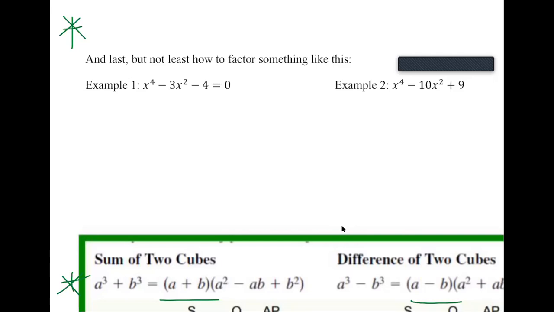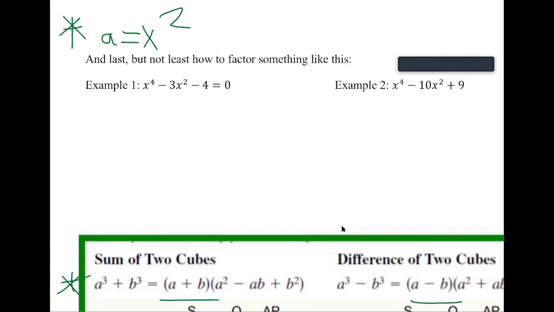But really, what we're going to do is set a equal to x squared. We don't have any methods to solve a quartic function, or a function up to the fourth power, and we can't pull out a GCF. We can't pull out an x to make this into something we can deal with. So one way you can deal with some special cases like this is to use substitution.